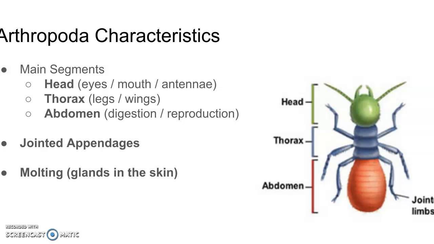So molting is an interesting phenomenon of basically the organism will grow a new outer shell. And the way that this works is there are glands that fill with fluid and moisten the current shell that they have.